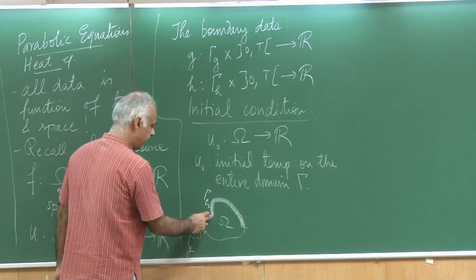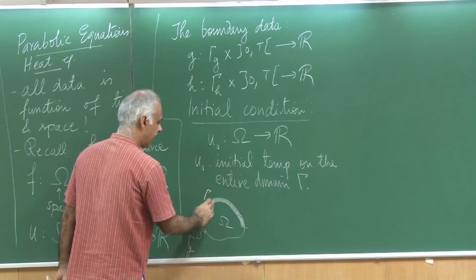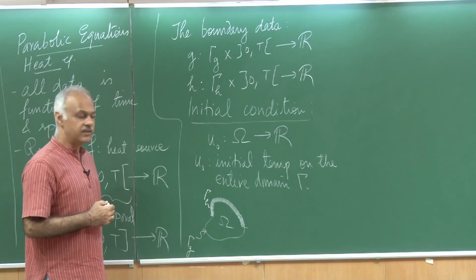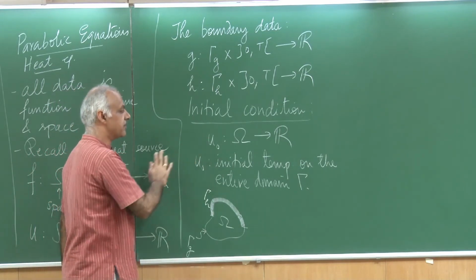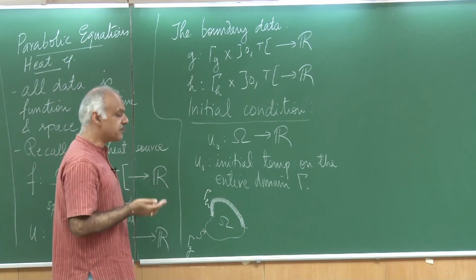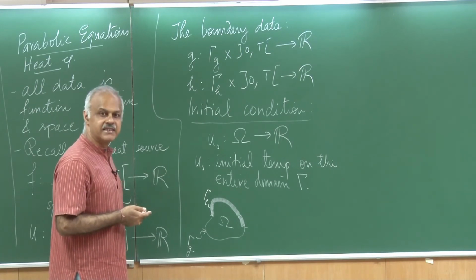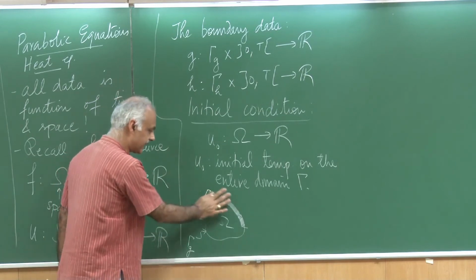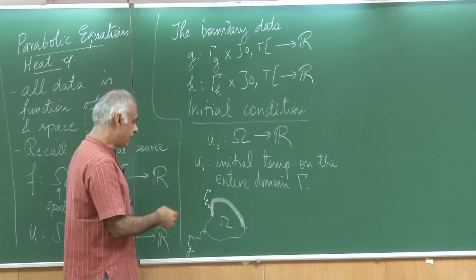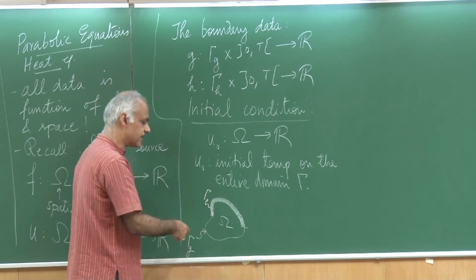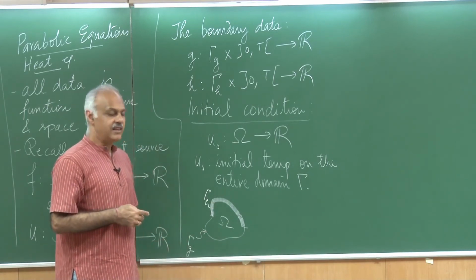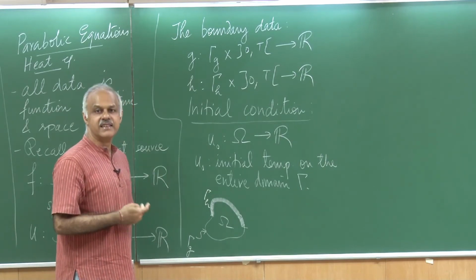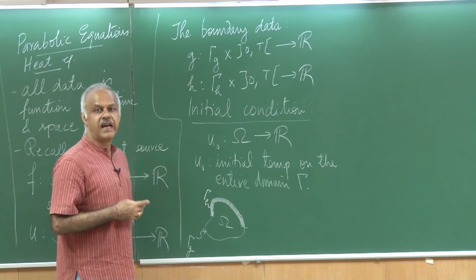I am going to specify the temperature on gamma g and the heat flux on gamma h, and at t equal to 0, I am saying I will specify the temperature everywhere. In principle, there could be an inconsistency in the sense that at t equal to 0, I am specifying the temperature everywhere, but then I am also specifying the boundary conditions, and I could ask myself whether the boundary conditions have to satisfy the initial condition. So, we will assume they have to.